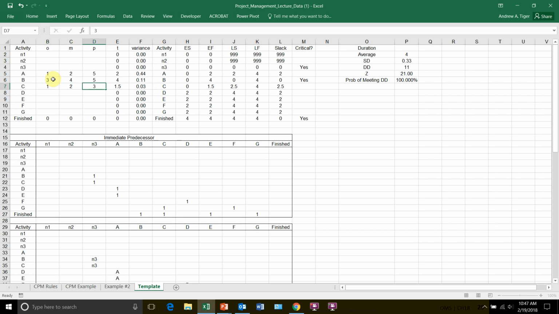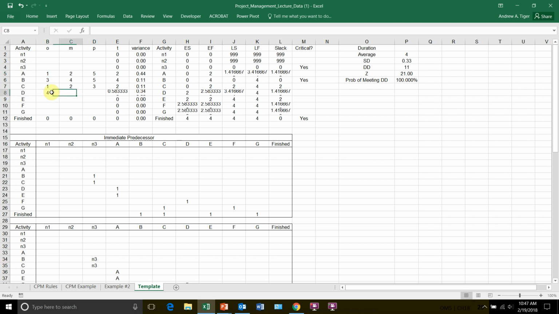1, 2, 3. You can see some of these activities are symmetrical. So it's equally, I mean, you've got the best case and the worst case are 1 month away from the middle. But like the very first one, it's not symmetrical, and it doesn't have to be.